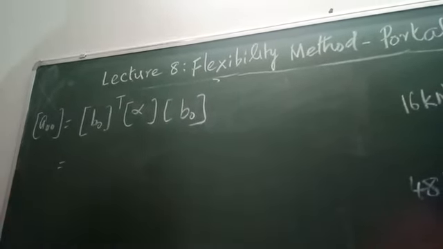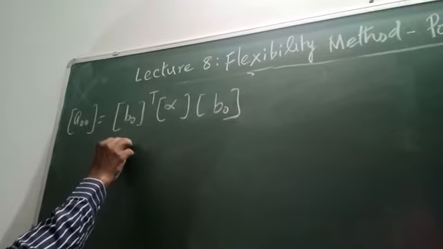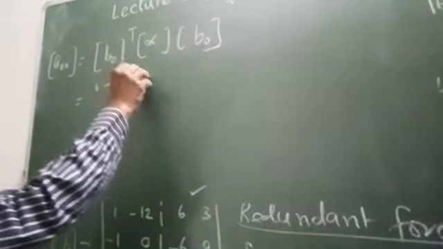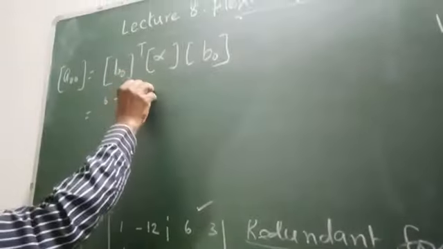So 6 minus 6, 6 minus 6, 6 0 0 0 6 0 0 0 3 9 3 9 minus 9 9 minus 9 0 0 into alpha.